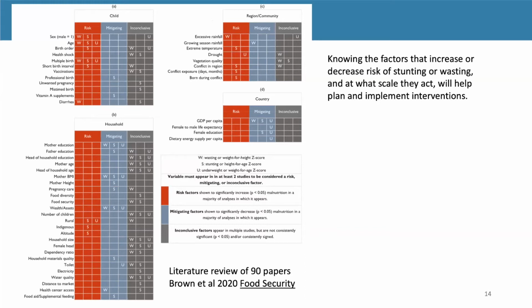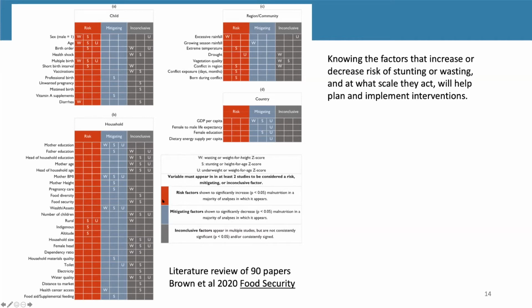So basically, I experience the same climate as my neighbor, even though we have very different household and individual risk factors. At the region community level, excessive rainfall, extreme temperature, and drought are all risks for increasing food insecurity, whereas vegetation quality, or excessive growing season rainfall in general, is a mitigating factor.